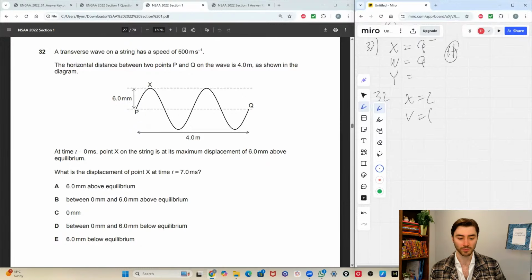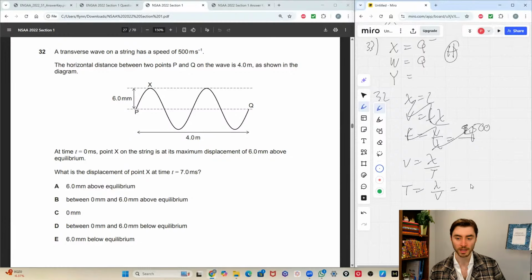So V equals F lambda. So speed is wavelength over time period. Time period is wavelength over speed. The wavelength, as we said, is 2. The speed is 500. Let's double them both up to make that 4 over 1,000 and get that the time period is 4 milliseconds.